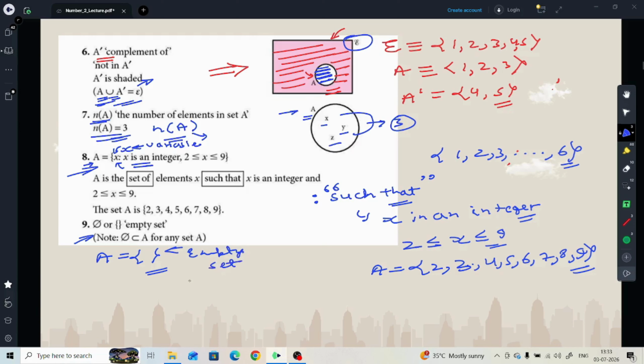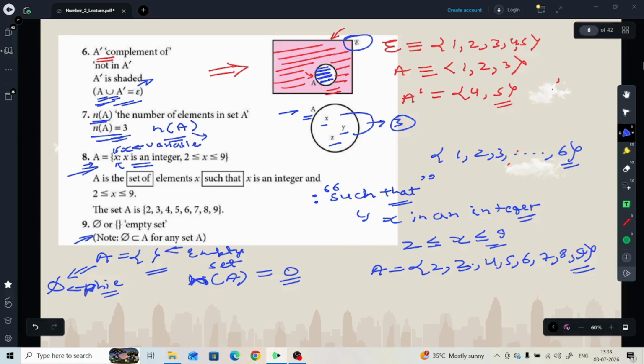If somebody asks you what is n(A), the number of elements in set A, you will answer it as 0. Also this A can be mentioned as phi. This symbol is pronounced as phi. So these are the things that you need to understand.